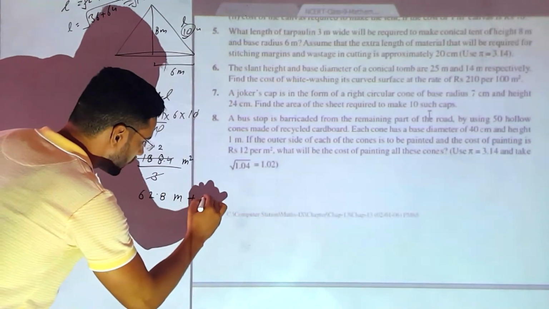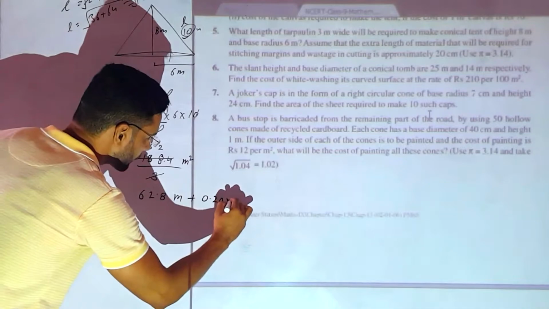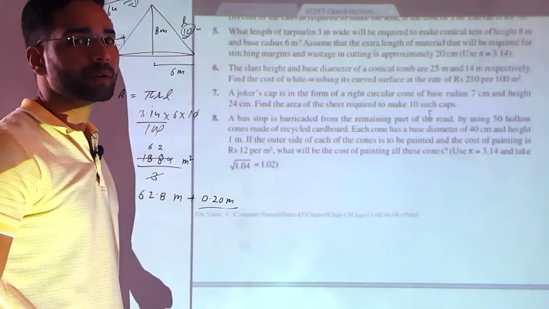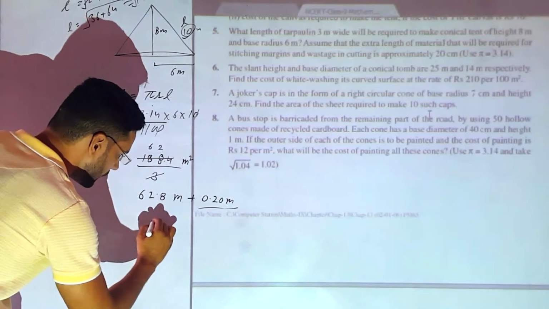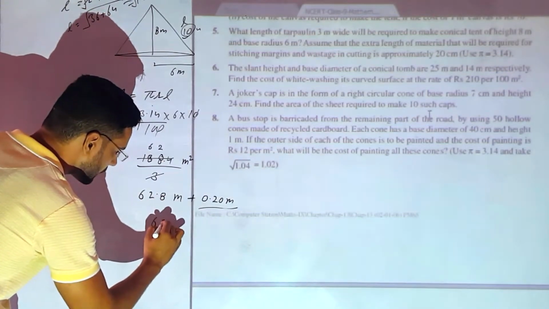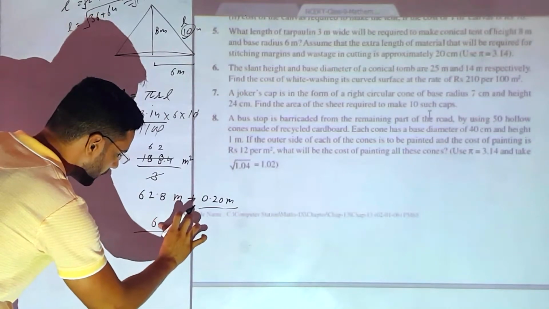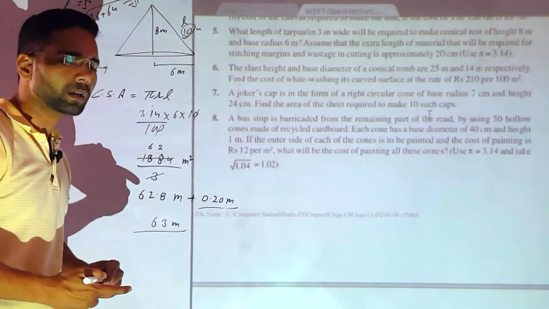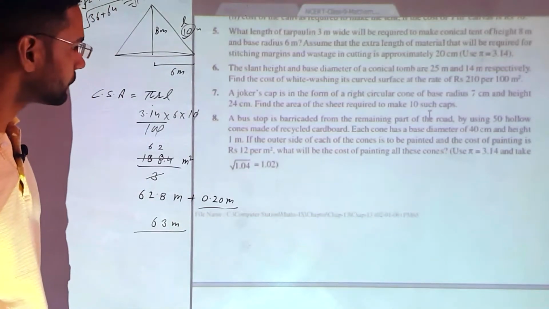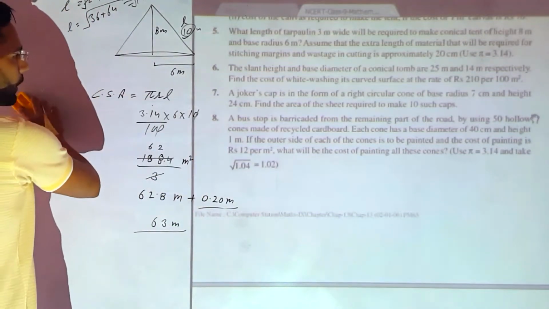Meter plus 0.20 meter also we need extra for stitching. It means 63 meter tarpaulin we need, 63 meter. Got it?